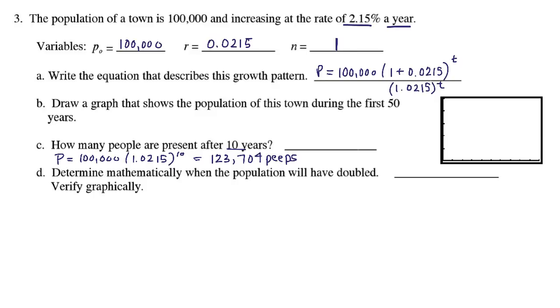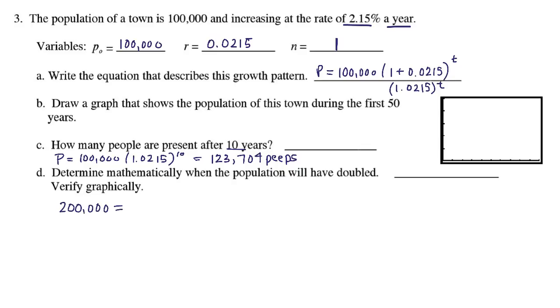All right, so now for the next part, they're going to give us a time frame. So determine mathematically when the population will have doubled. So if we started out with 100,000, if we double that, hopefully most people will get 200,000.